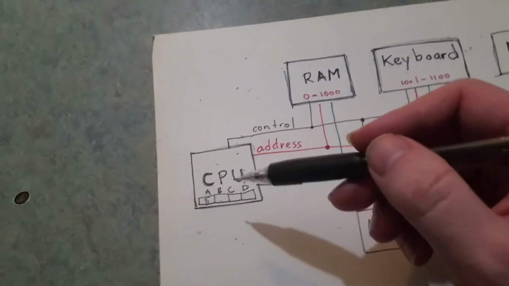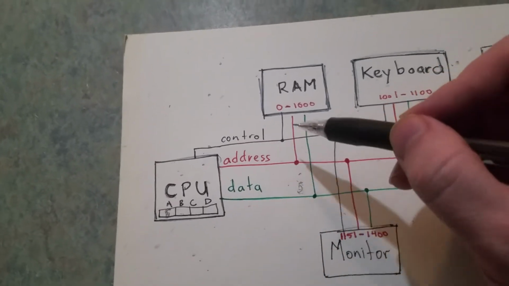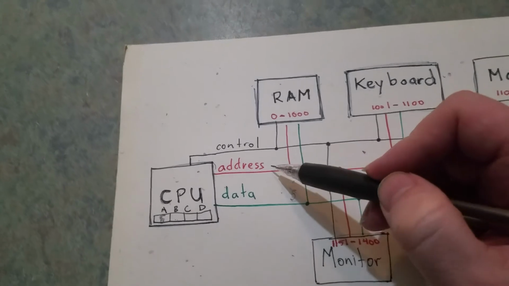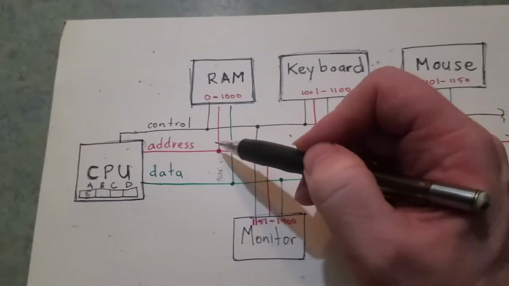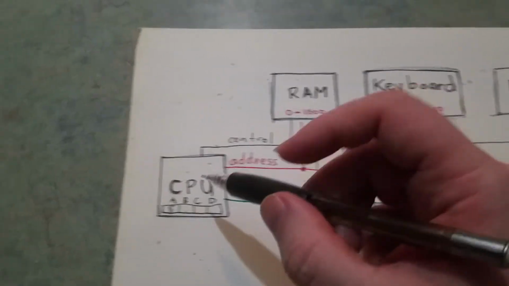Another thing you can do with your CPU is, let's say we read in another byte from RAM, the next byte. So we address 1 on the address bus, and then we read it into B, and it is 3.